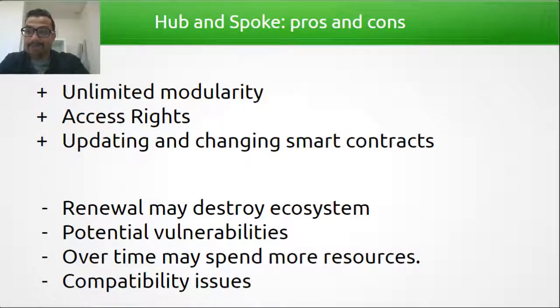If there is a bug, a bad address is passed, or it fails for any reason, spoke storage could get locked up forever. Both hub-spoke upgrade patterns introduce an attack vector.